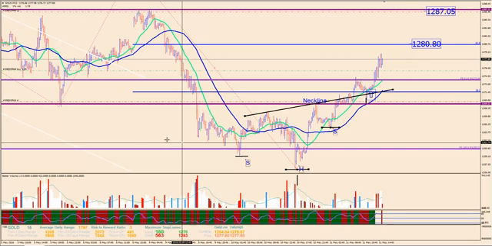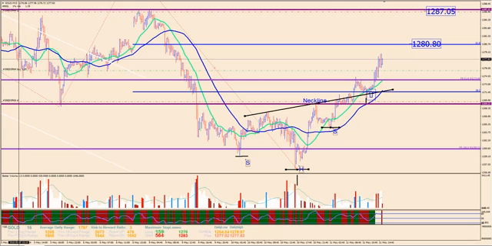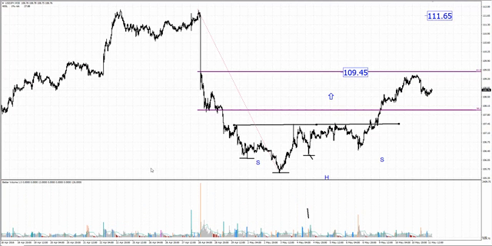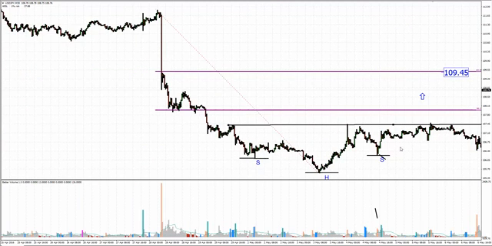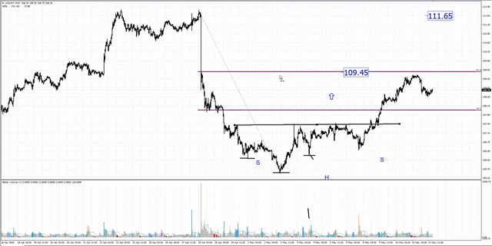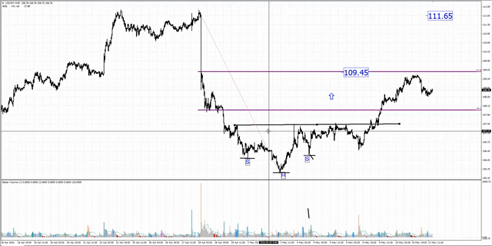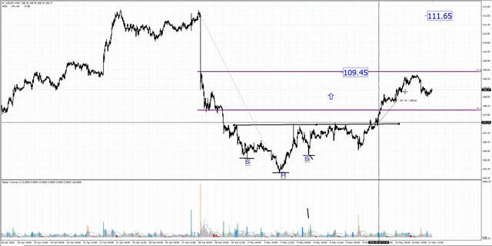Something similar I posted in the video on the link of InstaForex, where I had this head and shoulders formation on the USD Japanese yen, and so far price has reached the first target. This was a head and shoulders formation, also very good, 180 pips. The risk was potentially about 50 to 60 pips in this scenario.